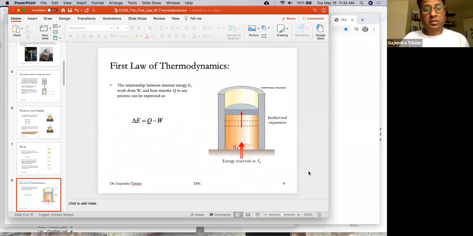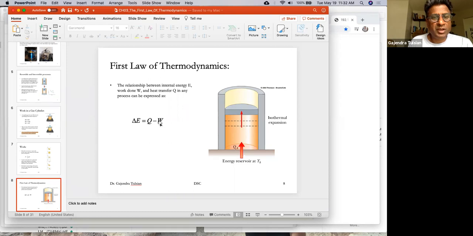So here is the first law of thermodynamics. The change in internal energy is equal to the heat added to the system, or removed from the system, minus W, the work done by the system. With the book we are using, the convention is when you add heat to the system, Q is positive.